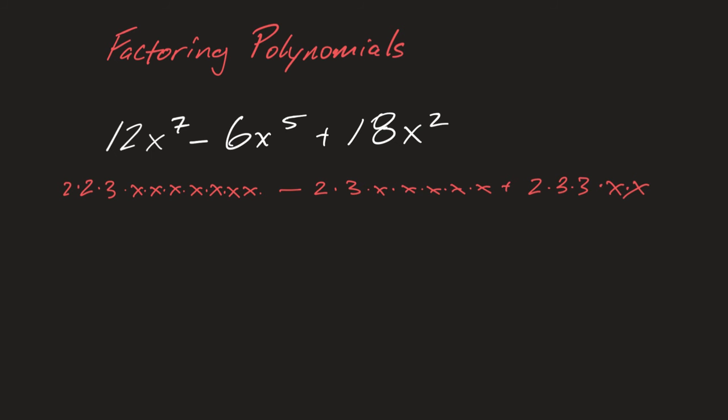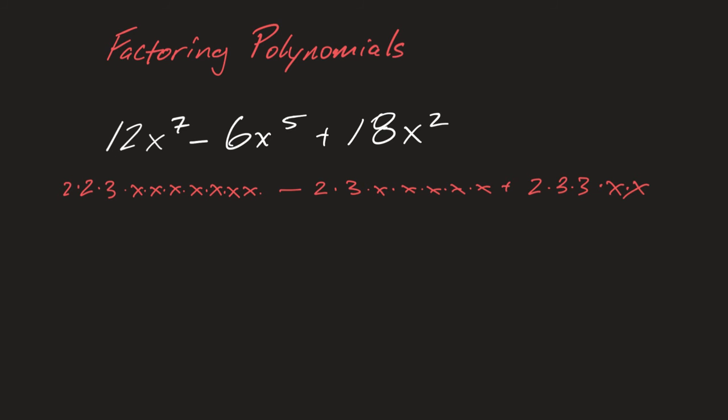So let's just check real quick. 2 times 2 is 4, times 3, that's 12, we're good. There's 7 x's multiplied together, which is x to the 7th, minus, so I got a negative, my subtraction symbol here, 2 times 3 is 6, x times itself 5 times, plus 2 times 3 is 6, times 3 is 18, x 2 times.